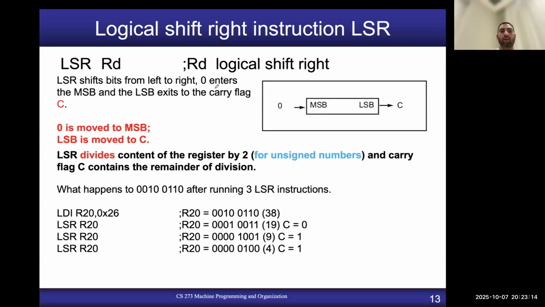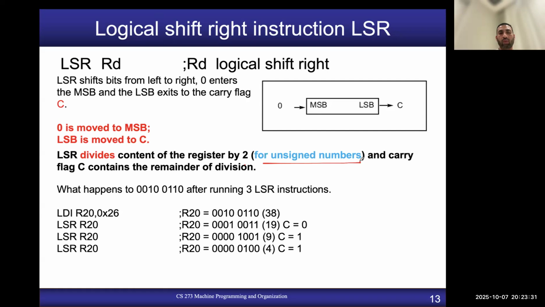Okay, so just like LSL, we have the LSR instruction, which is the logical shift right instruction. And again, you can use this instruction to achieve the division of a number by 2, but only for unsigned numbers, right?